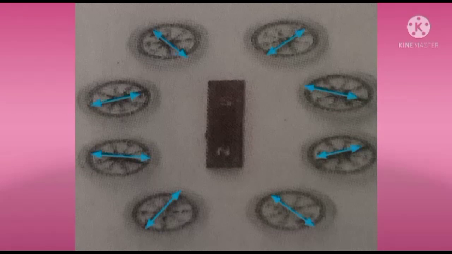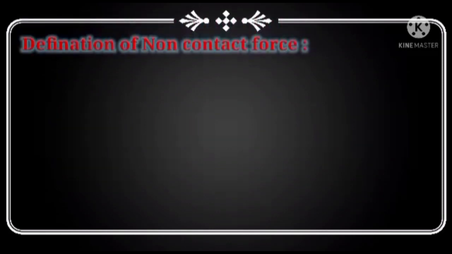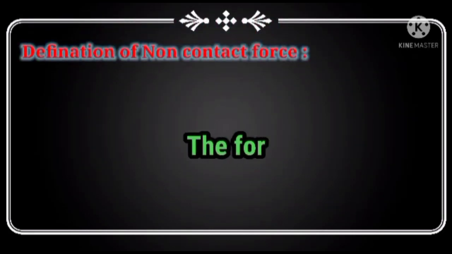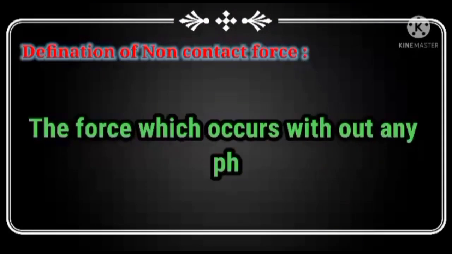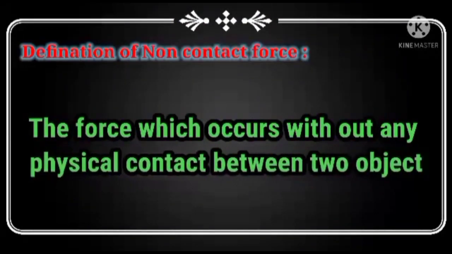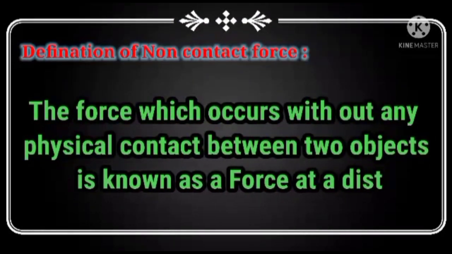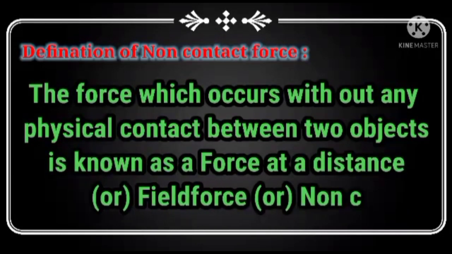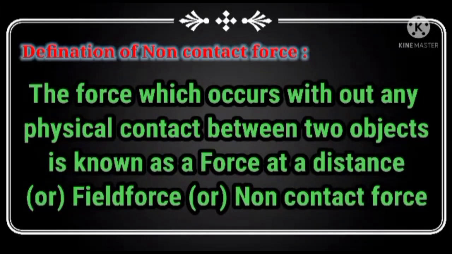It is also called non-contact force. So, the definition of non-contact force: the force which occurs without any physical contact between two objects is known as a force at a distance or field force. It is also called non-contact force.